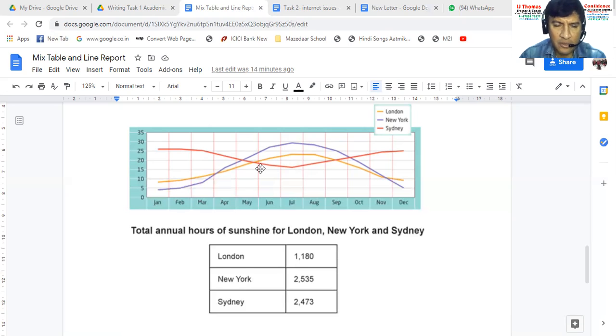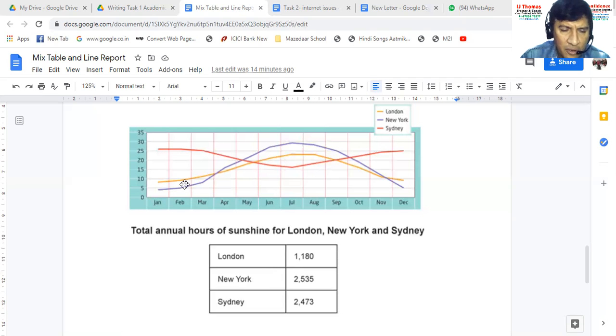Remember, comparisons get you good scores. New York was lowest, followed by London, which was a notch higher at a little below 10 degrees centigrade. Full stop. What about Sydney?